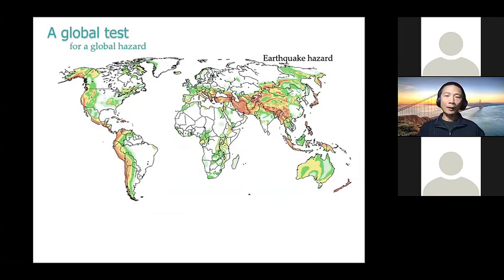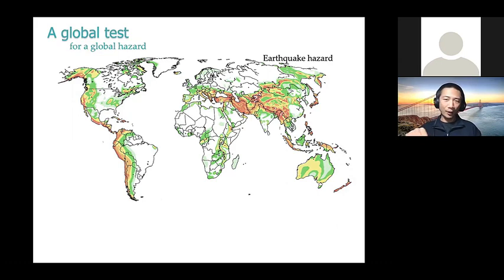If we look at the hazard map globally, warmer colors mean more earthquake hazard. You can see a lot of places have very high earthquake hazard, but in terms of seismic stations, there are not many dense seismic networks.